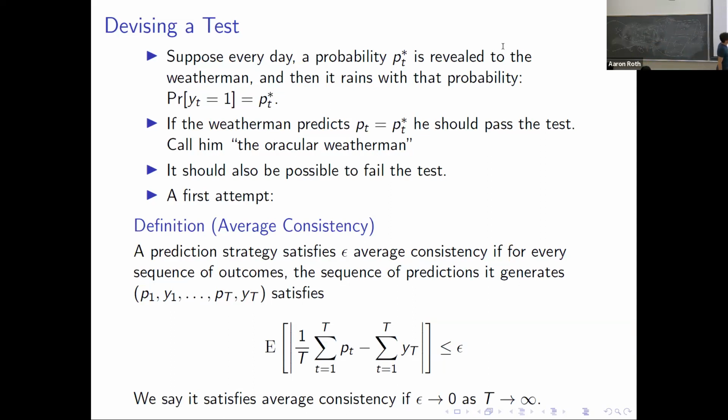What it says is that if every day rain is realized according to a coin flip with bias p_t, then in the long run, the expected probability of rain will converge to the actual frequency of rain. So the oracular weatherman passes this test. It is possible to fail this test, so it maybe meets the minimal criteria we've set out here.